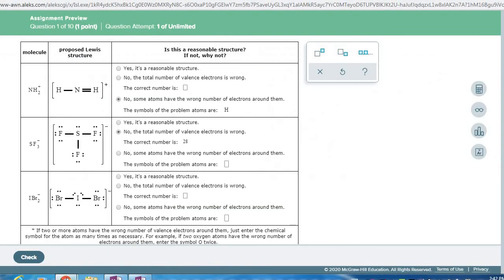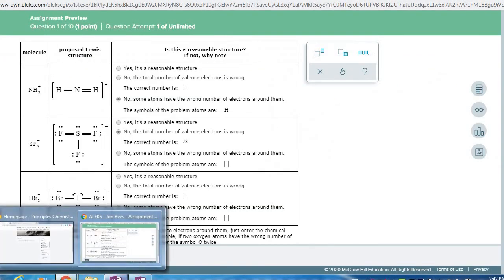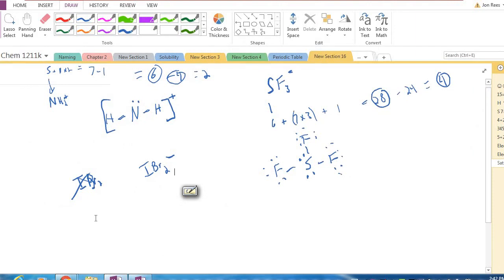And that is the case. Now let's count up the number of valence electrons. Iodine has 7. Each of the bromines also has 7, so a total of 14 for those. Plus that 1 that forms the charge, so there are 22 total valence electrons that I have to account for.